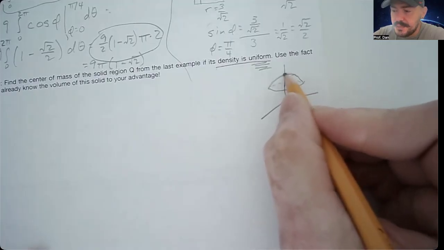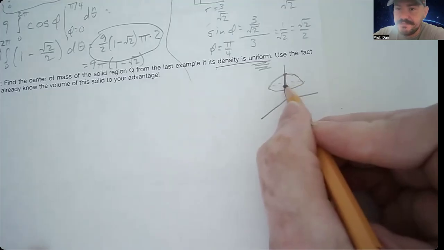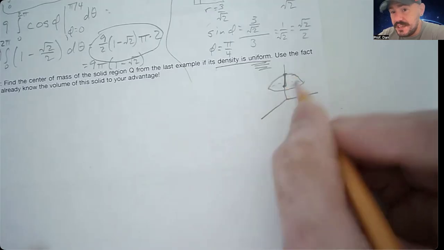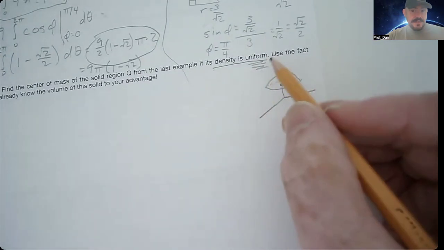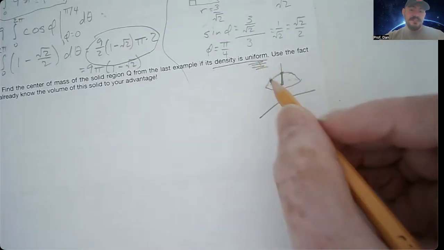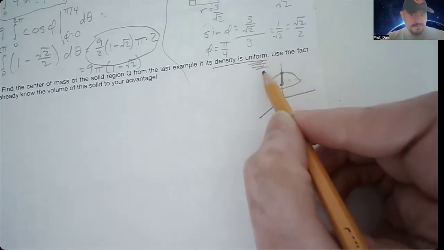Somewhere between the top and the base. There's not going to be any deviation in the x or y direction because of the symmetry and the fact that this is uniformly distributed, right?